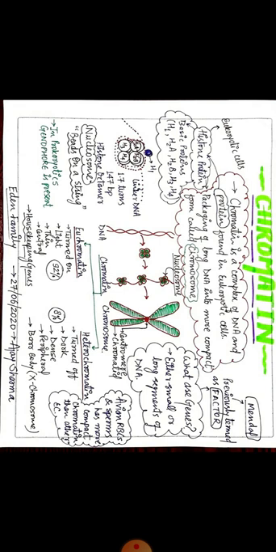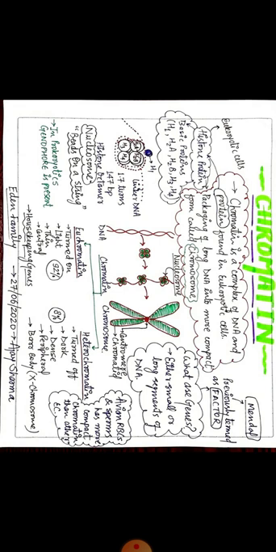Euchromatin is transcriptionally active, meaning this chromatin can prepare different types of proteins and is functional. But heterochromatin is turned off or non-functional in the human body or any other animal's body.